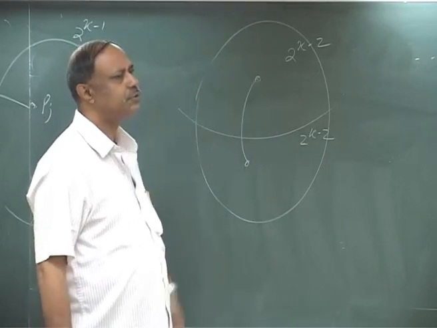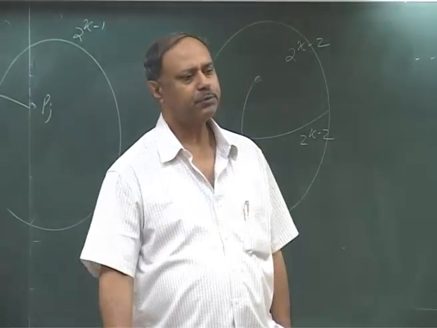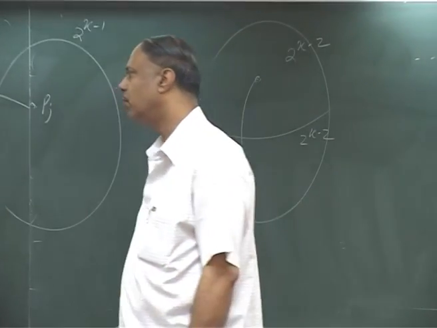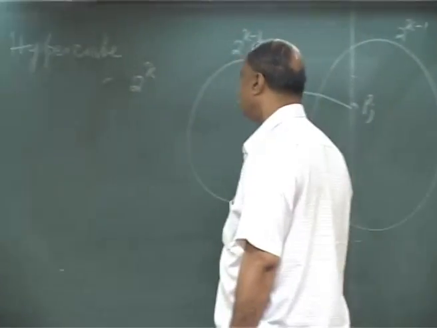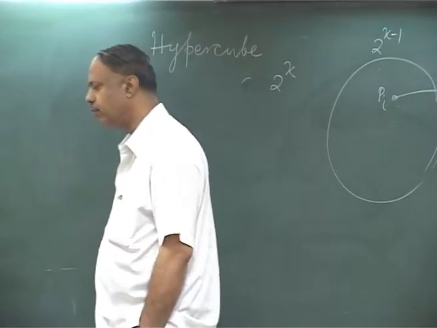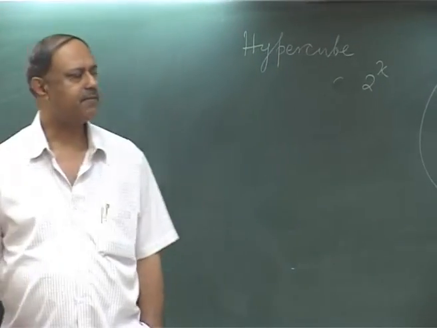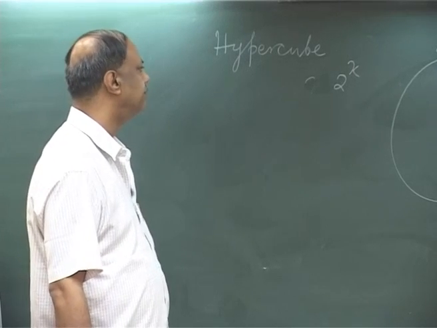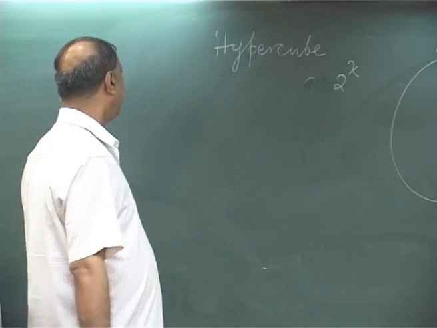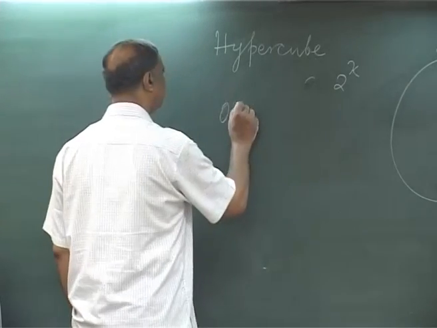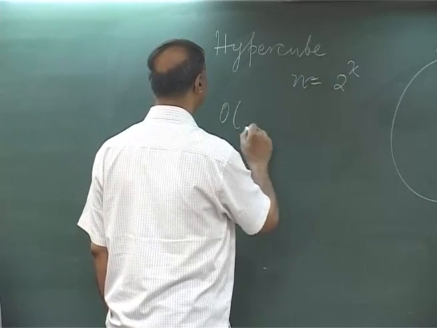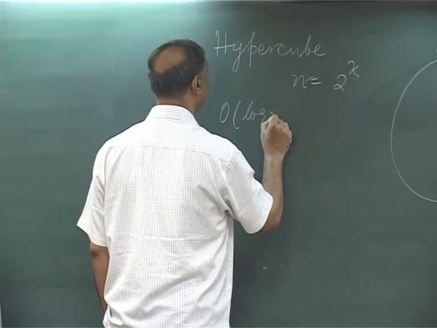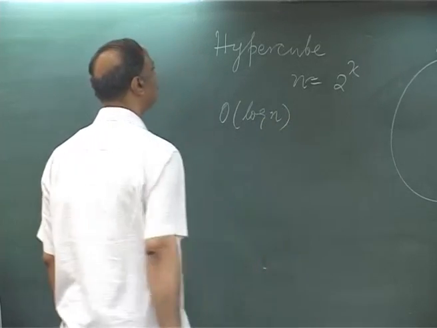So the size is reduced to a hypercube of 2 to the power k minus 2, and so on. After k iterations, you will find the data is available in the first processor P0. So if n is equal to 2 to the power k, then you need order log n time to find the sum.